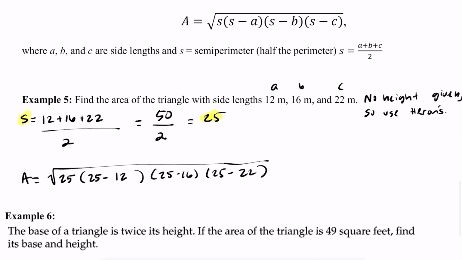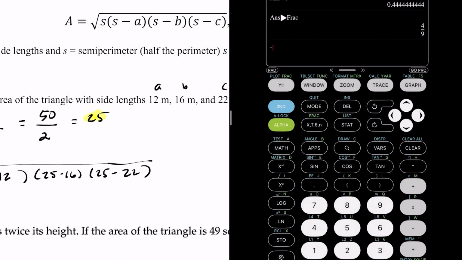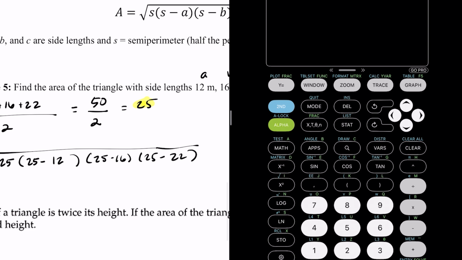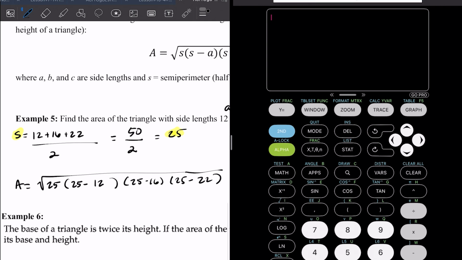Okay, let's see. I'm going to grab my calculator. All right. And I'm just going to input it exactly how it's presented on the paper. So I'm going to do second x squared, 25, parentheses 25 minus 12, close it.